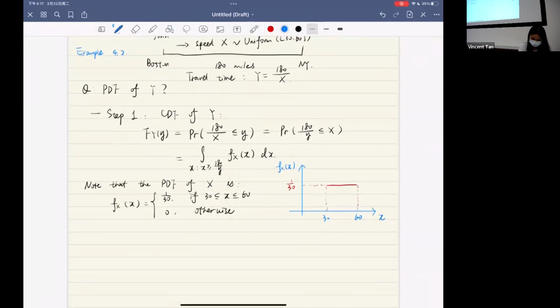To do this integration here, we need to discuss different cases since we don't know the value of 180 over y.